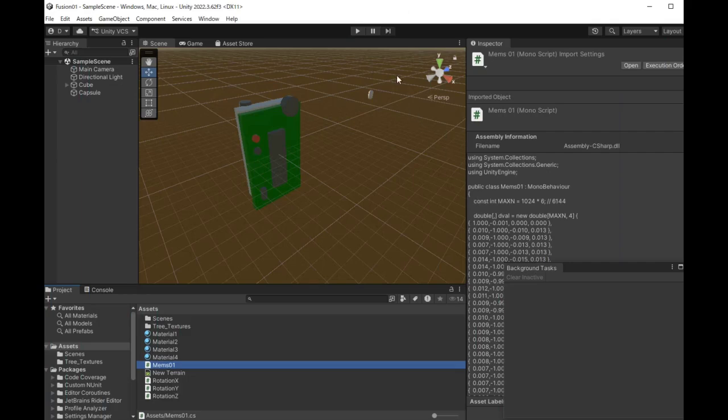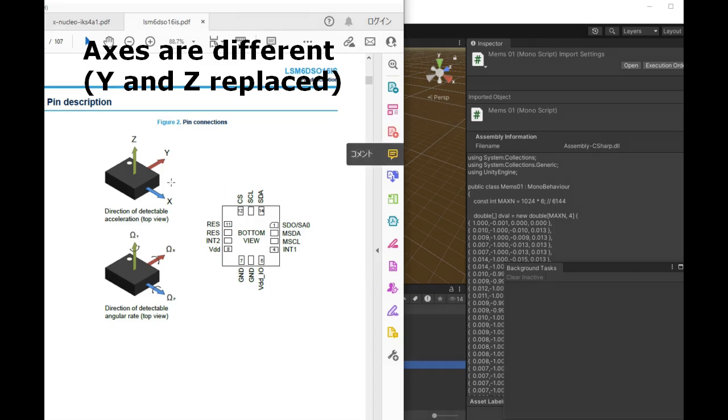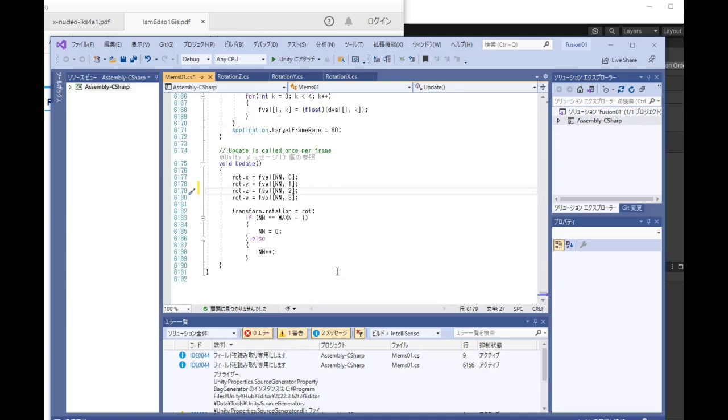So let's see the axis of Unity. It's like this. On the other hand, the axis of the device is like this. These are a bit different. Y and Z are replaced. That's why we did it like this.